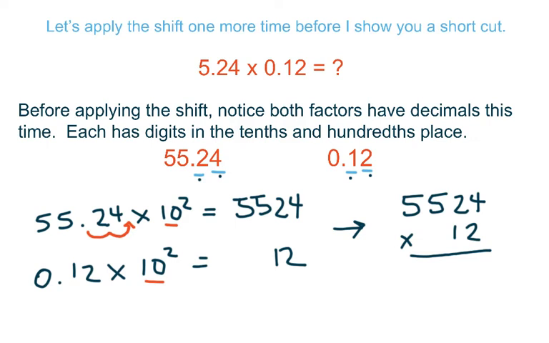In 12 hundredths, if we multiply by 10 to the power of 2, again, the decimal point will shift 2 places to the right, 1, 2, giving us 12 as our next whole number factor. So we can imagine this multiplication as 524 multiplied by 12.